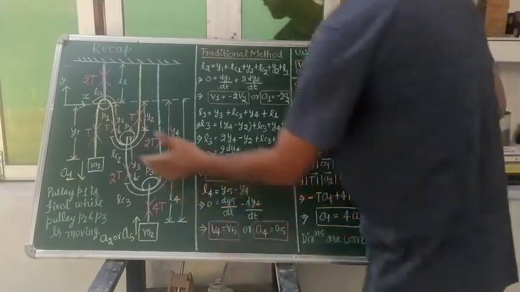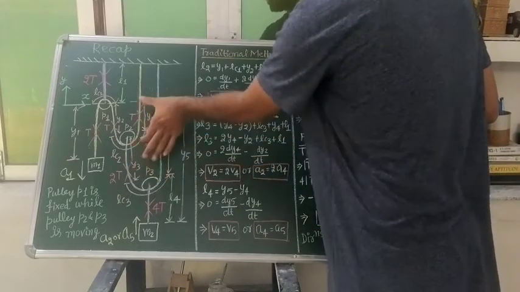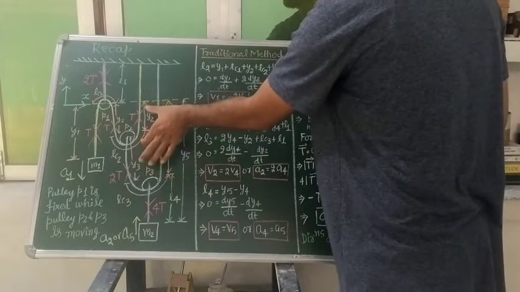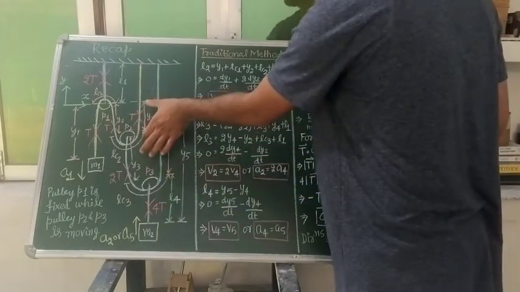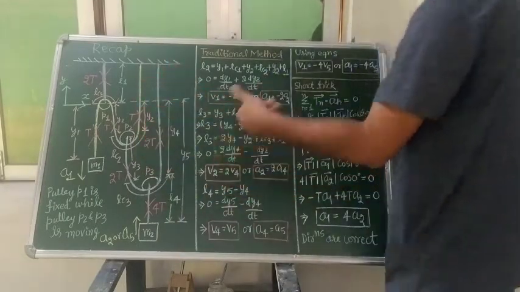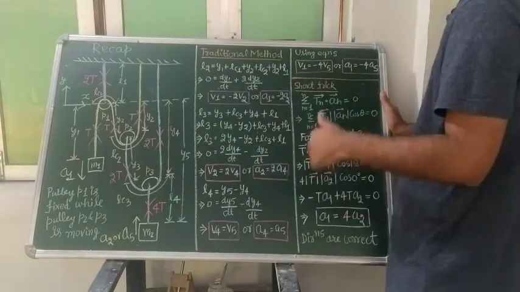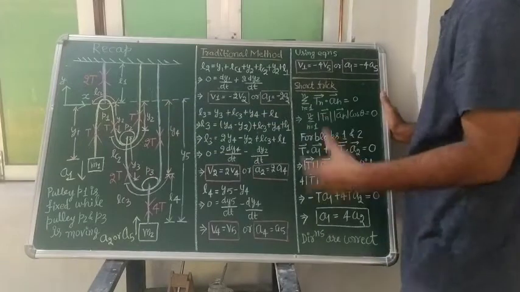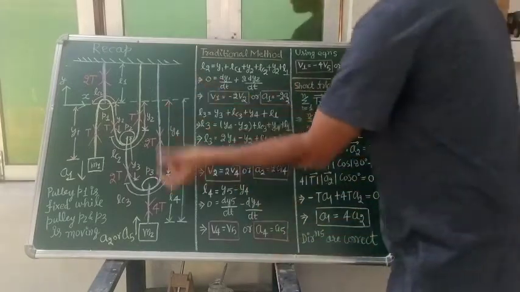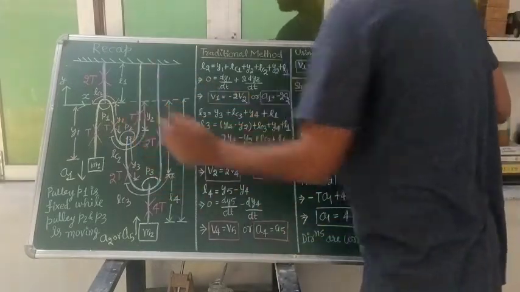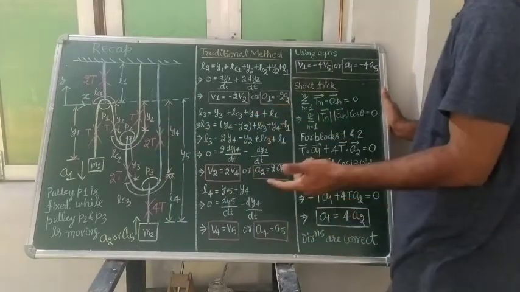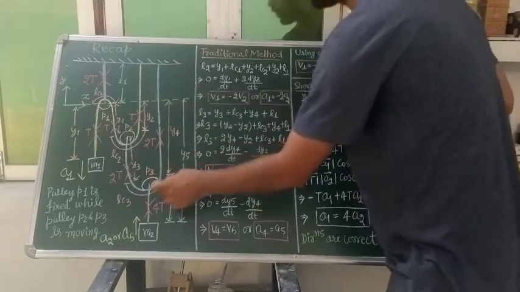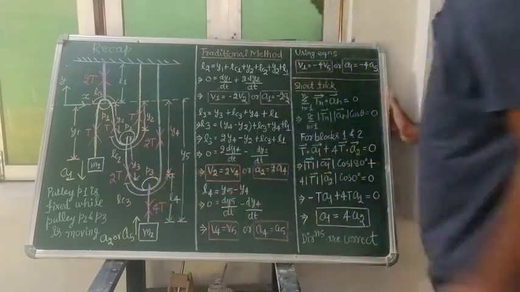So whatever will be the velocity or acceleration of this y2, half of that velocity and acceleration will be of this fourth string. Or we can say whatever will be the velocity or acceleration of this pulley P2, half of that velocity or acceleration will be the velocity or acceleration of this pulley P3.